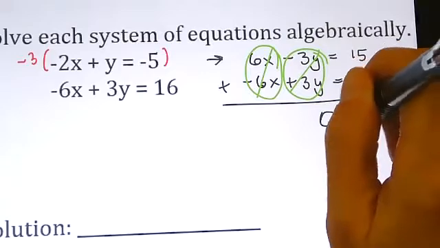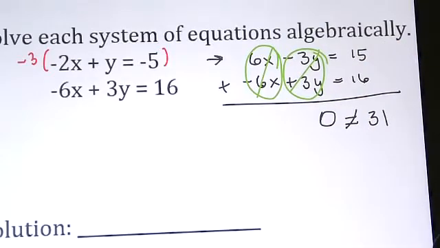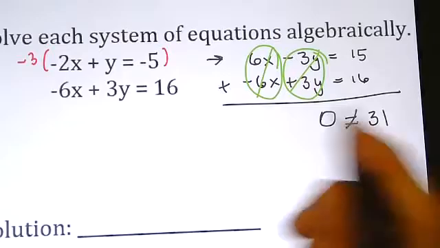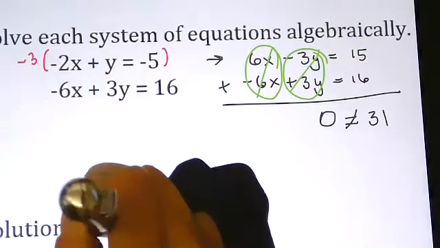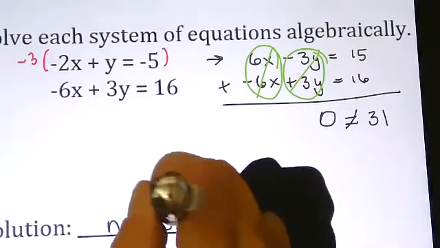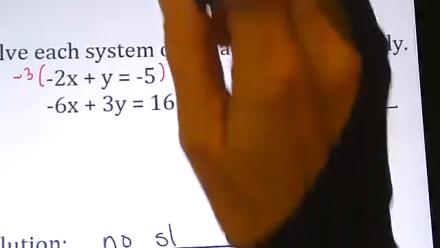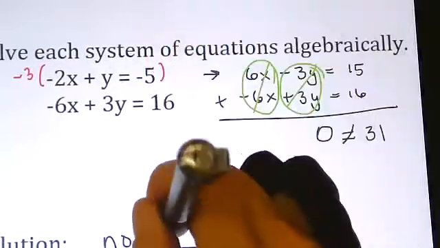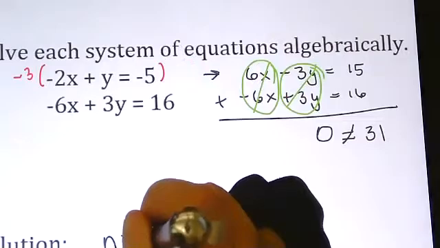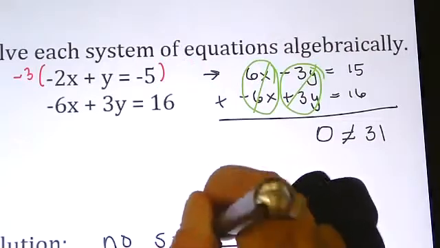In fact, they are not equal. So what does this mean? It means that we can't solve this. There is no solution. Whoops. Trying to erase that. There we go. There is no solution.